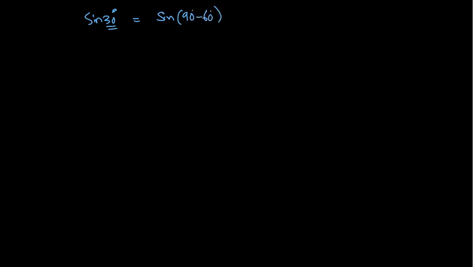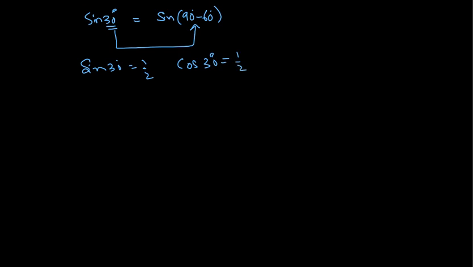Can I write 30 as 90 minus 60? Yes, right. So sin of 90 minus 60 is what I get. Incidentally, we had sin 30 equal to half, and we also had cos 60 equal to half.